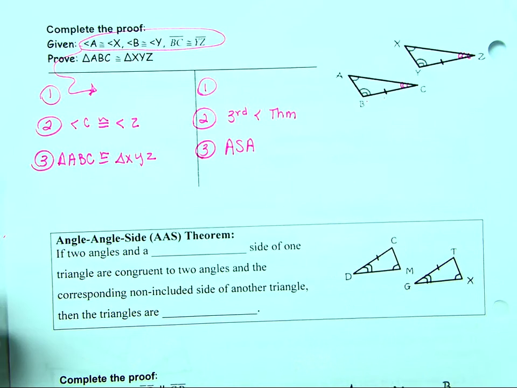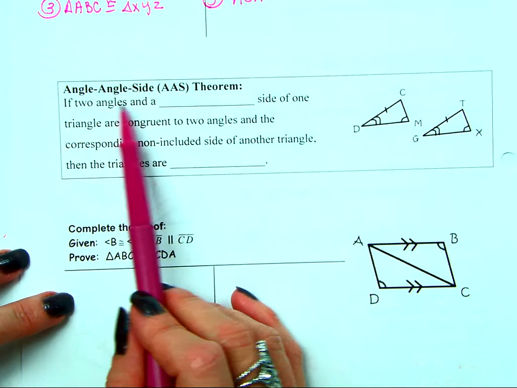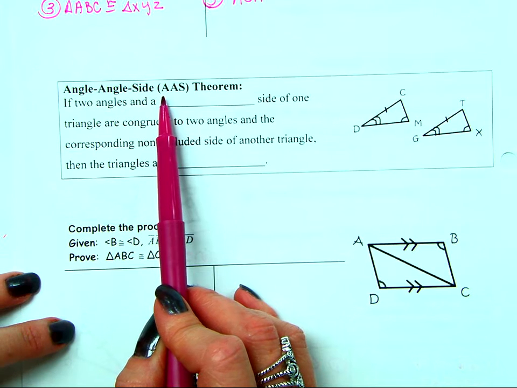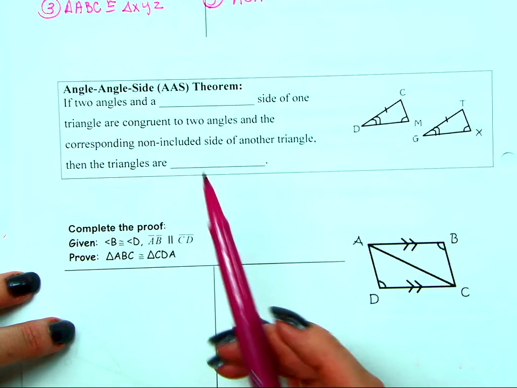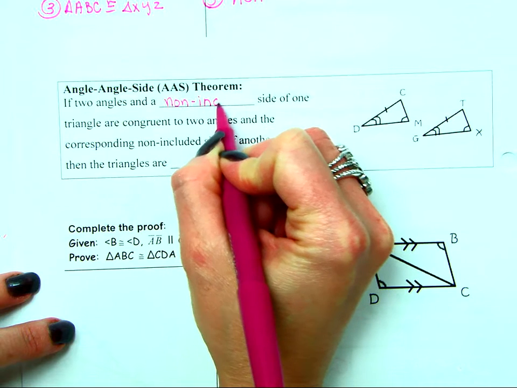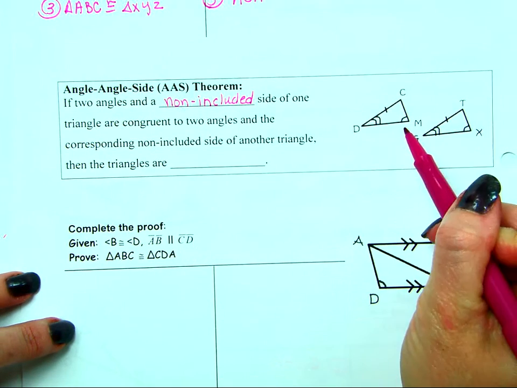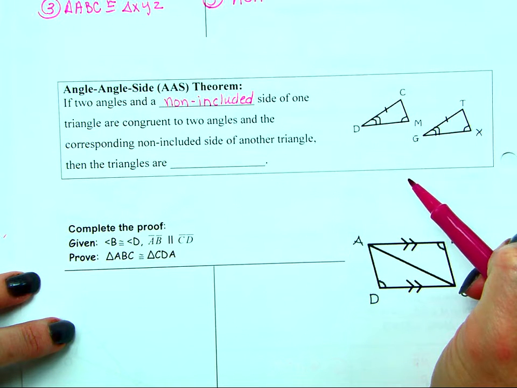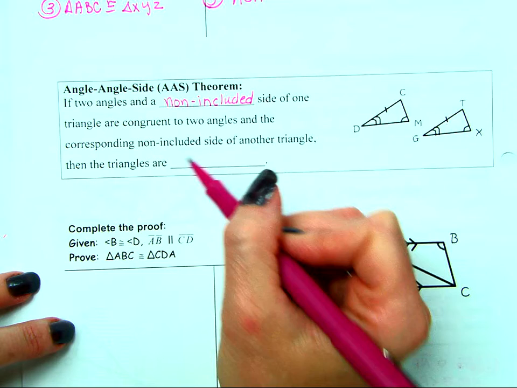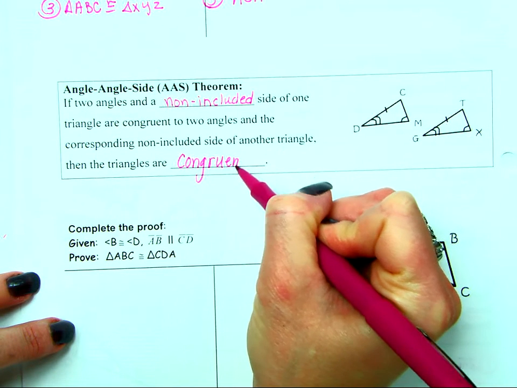Which means angle, angle, side ends up being another shortcut to proving my triangles congruent. Angle, angle, side is going to be AAS, where we have 2 angles and the non-included side. If I have 2 angles and the non-included side shown congruent to 2 angles and the non-included side of another triangle, that is enough to prove that my triangles are congruent.